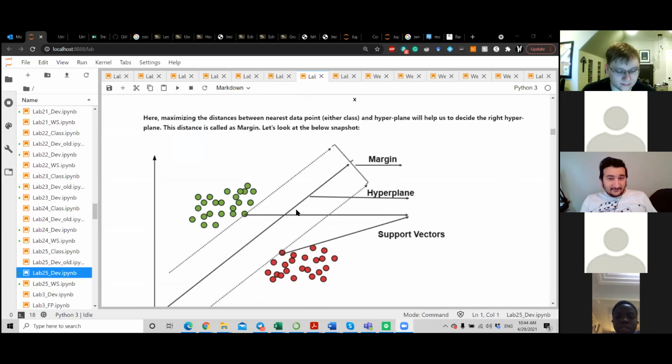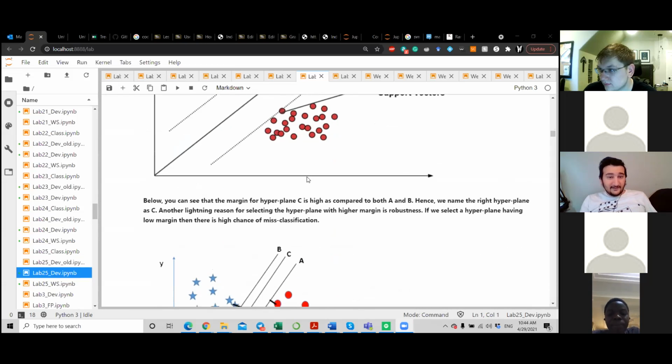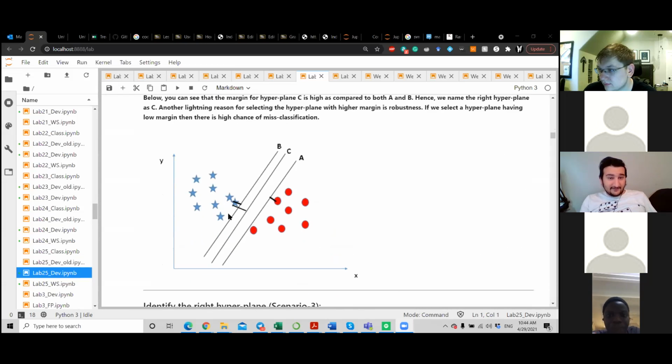And the distance between this line and the closest point of the red class is going to be my margin on this side. If we look back at our example, line C is the one that gives us the largest margin, hence more confidence for our classification.